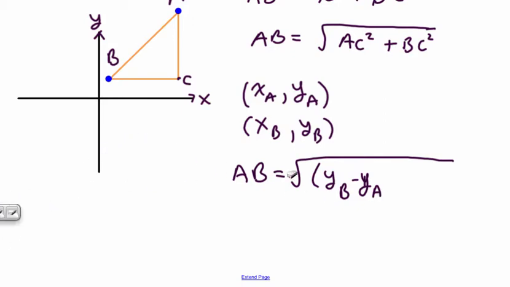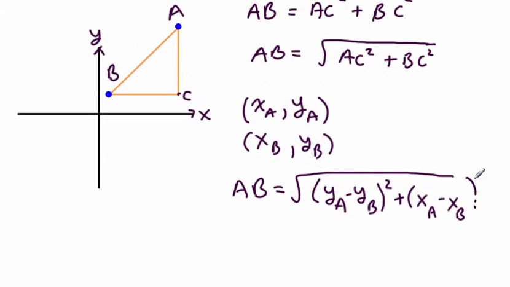Let's pick it the other way around to be nice and consistent. We'll start with the easiest possible option here, which is from the high point to the low point. It doesn't, in the end, particularly matter, but we'll start with y sub A minus y sub B, and we'll square that, and then we'll have x sub A minus x sub B squared.